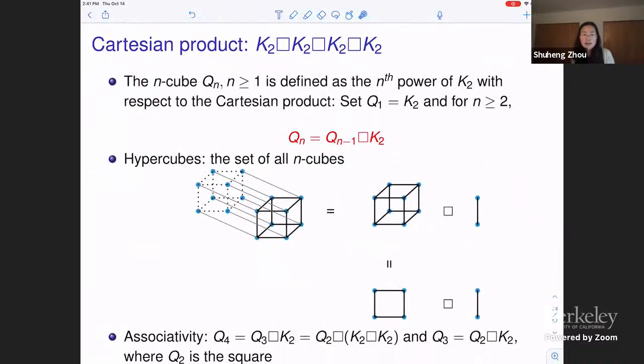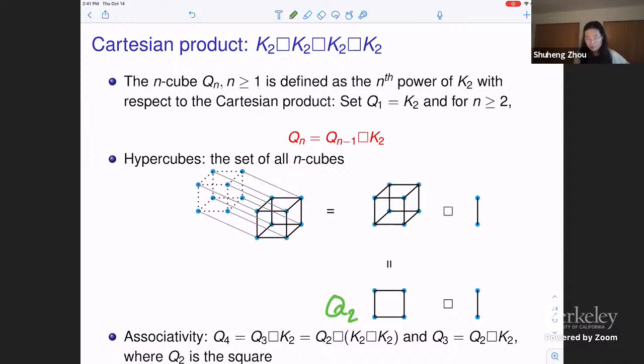So the Cartesian product has a very nice property, as pointed out by the SML paper, this associativity. So here is an illustration. You may have seen Cartesian product more often than you realize. For example, if I start with a graph of just a single edge and do a Cartesian product with itself, I get Q2, which is just this square.